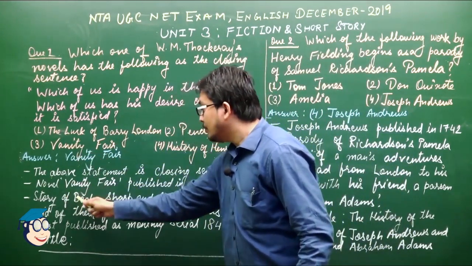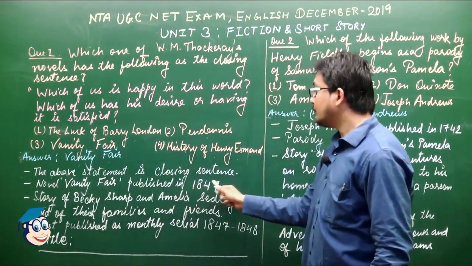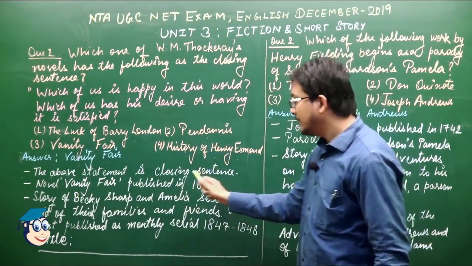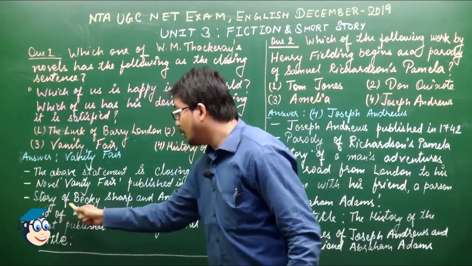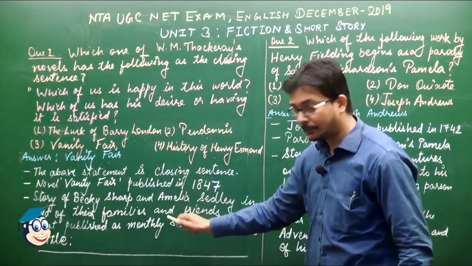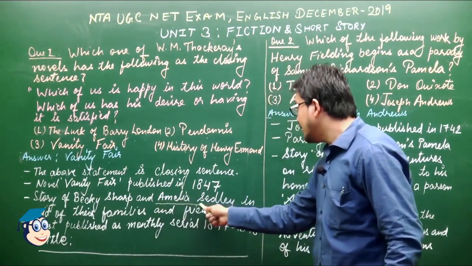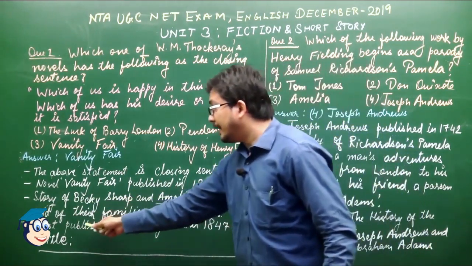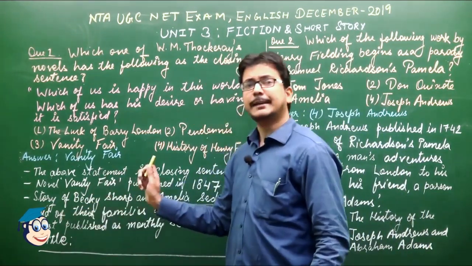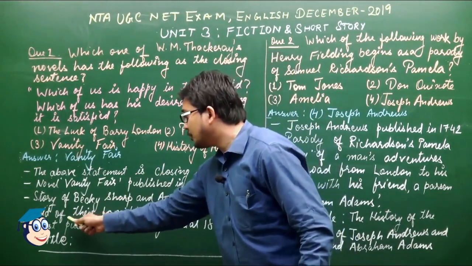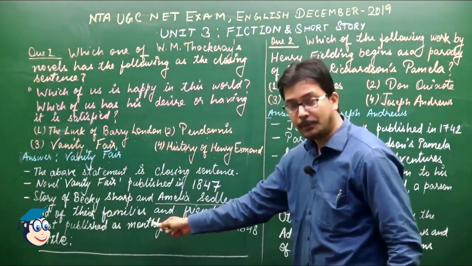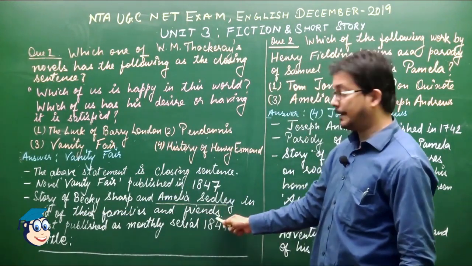The second reason, the novel Vanity Fair was published in 1847. It is simply the story of Becky Sharp, the character in the novel, and Amelia Sedley, and all their activities in their life have been mentioned amid their family members along with their friends.